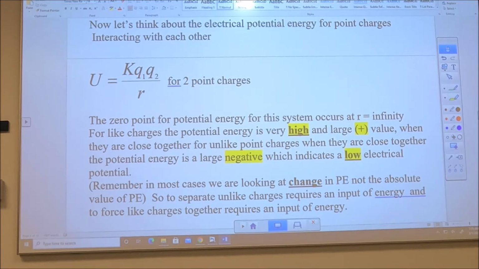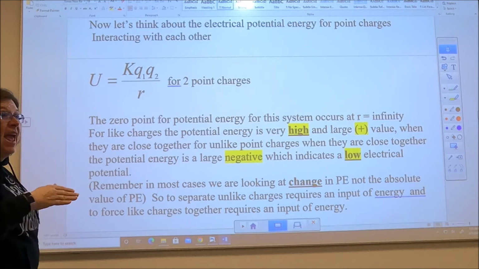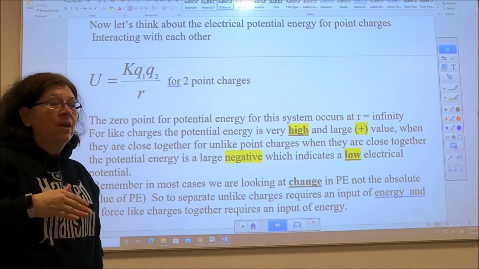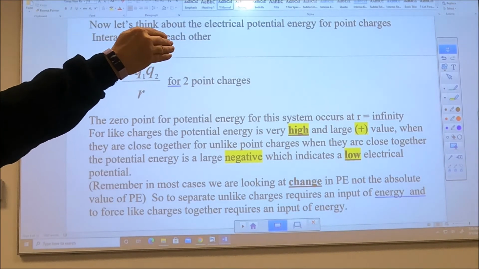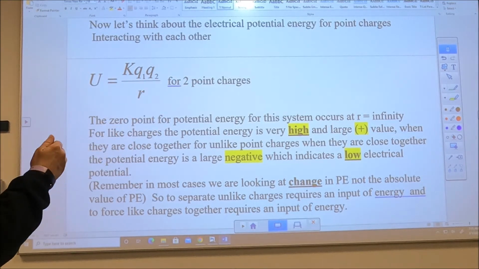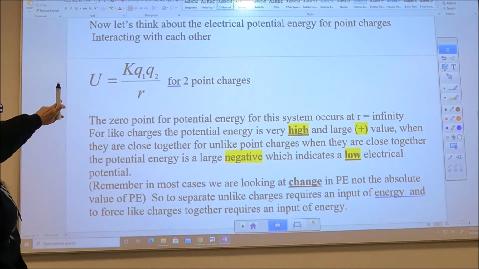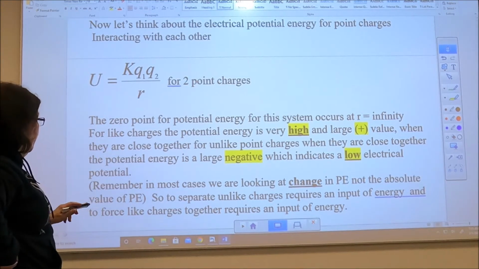But if I bring a negative and a positive in close together, where one is positive and one is negative, I get a potential energy that's negative. So the 0 point is out at infinity, but the potential energy actually goes down as they approach each other. The closer they get together, the more negative the value of U is going to be.